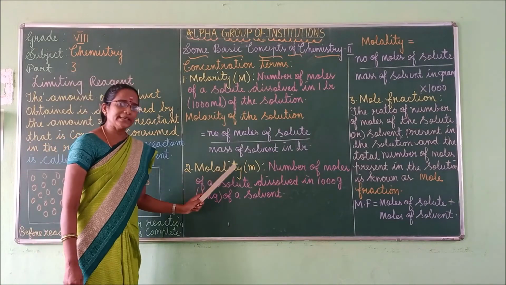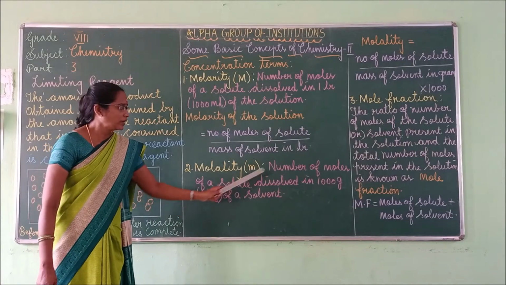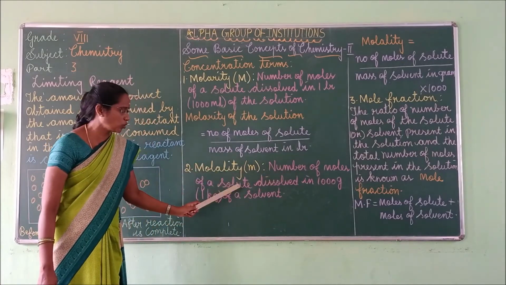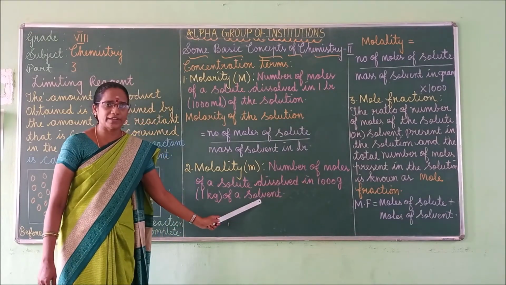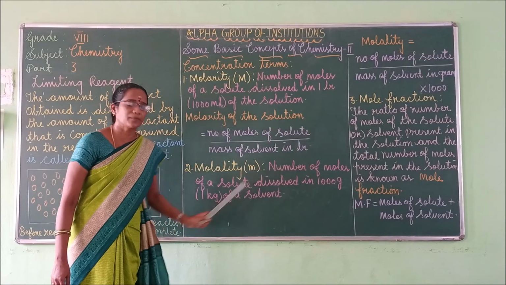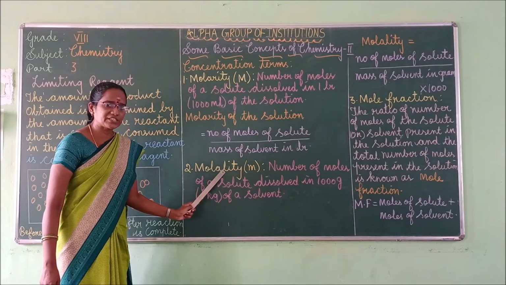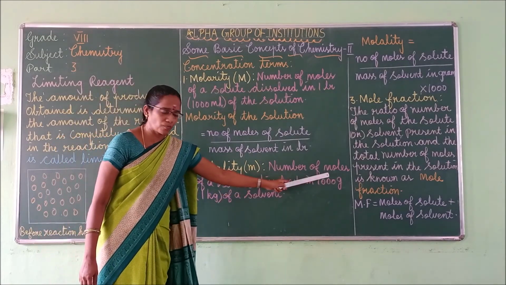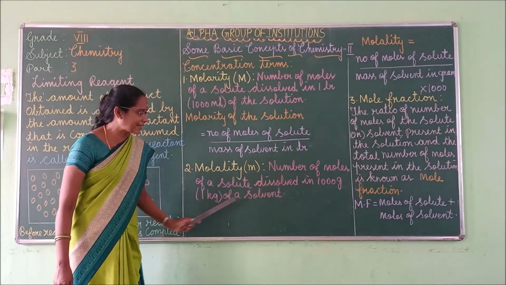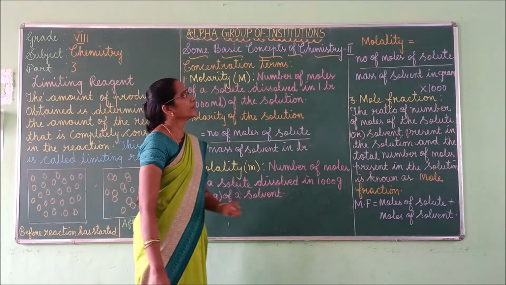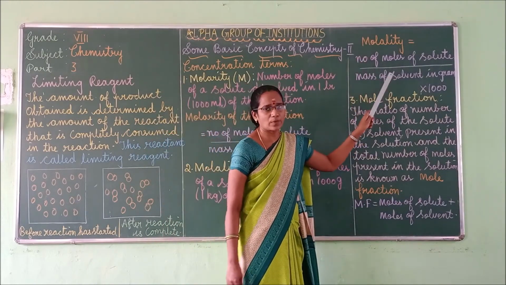Molality is defined as the number of moles of a solute dissolved in 1000 gram, that is 1 kg, of a solvent. So to calculate the molality of a solution, we have to use this formula.